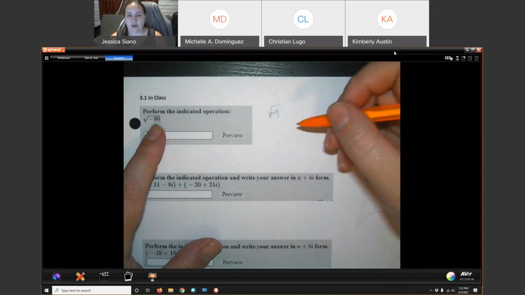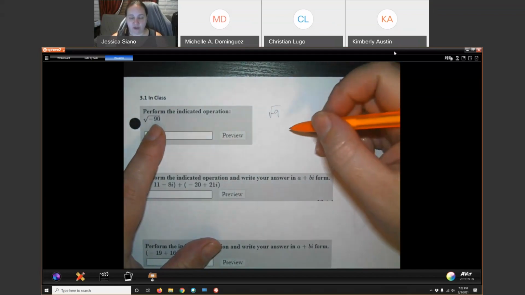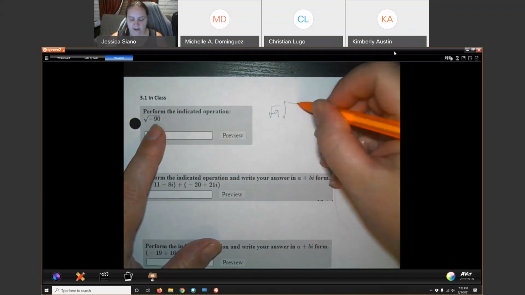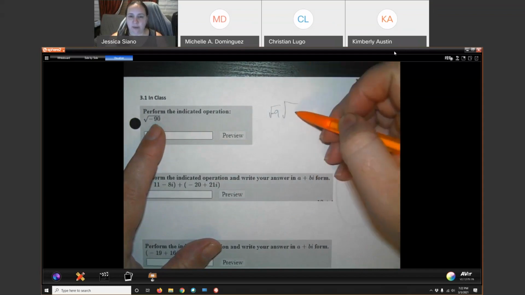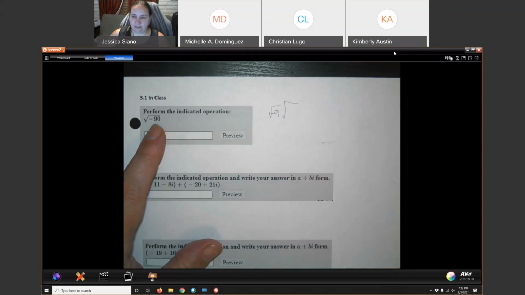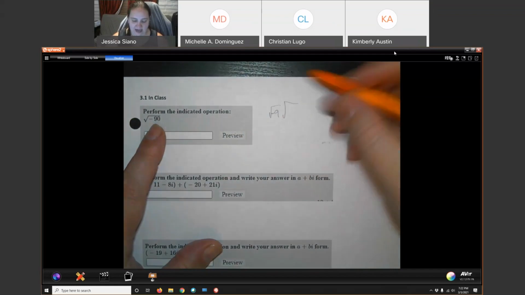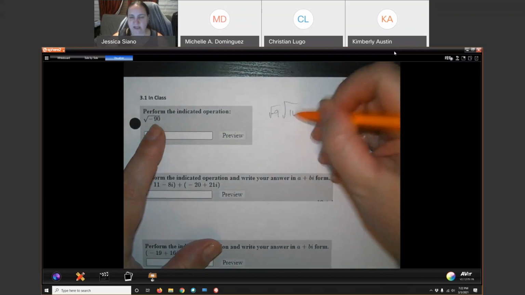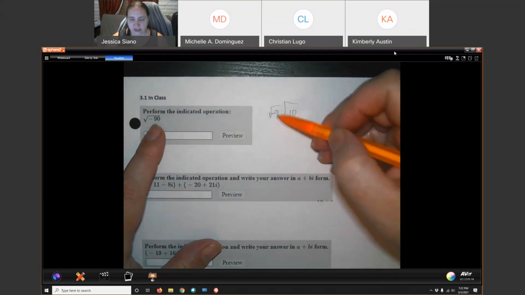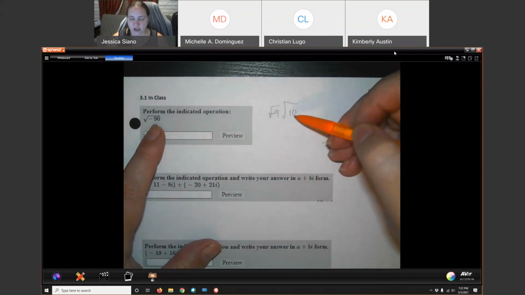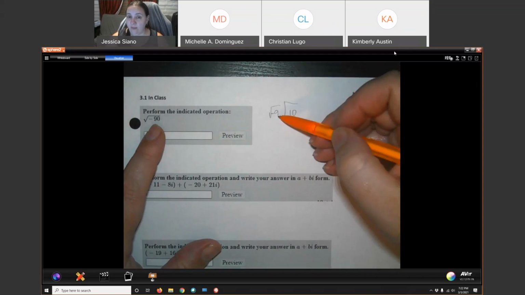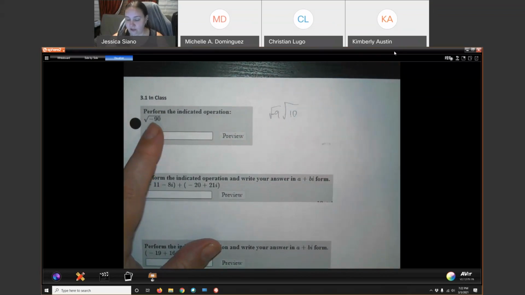So if you have a negative, always put that negative with your perfect square factor. And then what number do I multiply 9 by to get to 90? So that would be a 10. So this is always your perfect square factor, and this is always what number you would need to get a product of the number you're reducing.